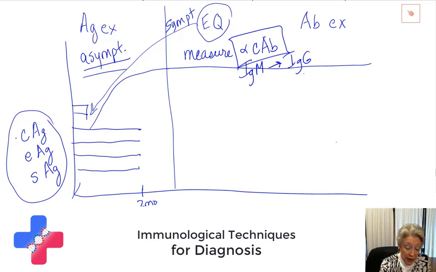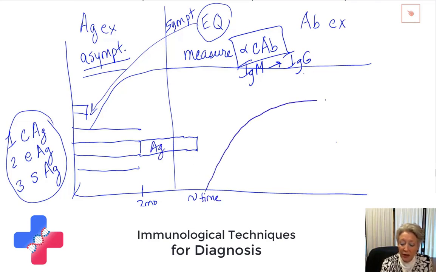Next, and you'll find it's very handy, although not universal, these antibodies appear in alphabetical order. So my second one that is going to go through this transition within the symptomatic period, and it's variable in time, but my second one that is going to go from antigen being present and measurable in excess through a narrow equivalence and then into antibody excess is going to be the E antibody.